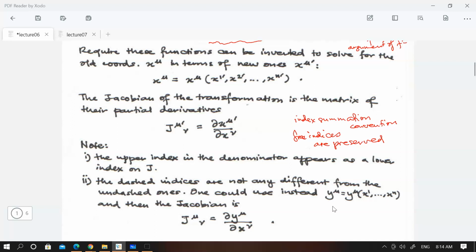So if one has the opposite, for example, which is not shown here, if you have a lower index in the denominator, then you have an upper index on the other side of the equation. So these are rules that we try to adhere to when we do all these index notations.